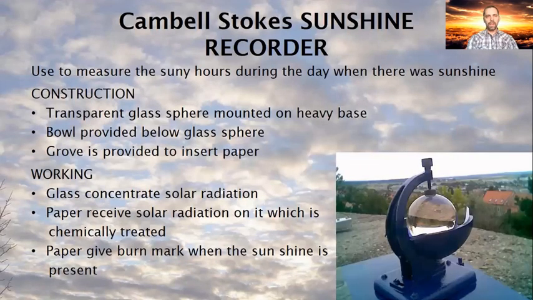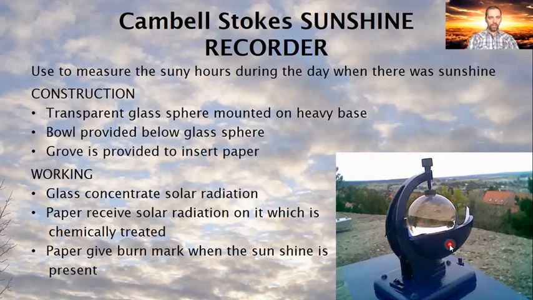The second equipment is the Campbell-Stokes sunshine recorder. It is used to measure the sunny hours during the day when there was sunshine. Its construction, it has a 10 centimeters diameter transparent glass sphere mounted on a heavy base, a ball provided below the glass sphere, we don't see it really much, and the groove is provided to insert the paper.